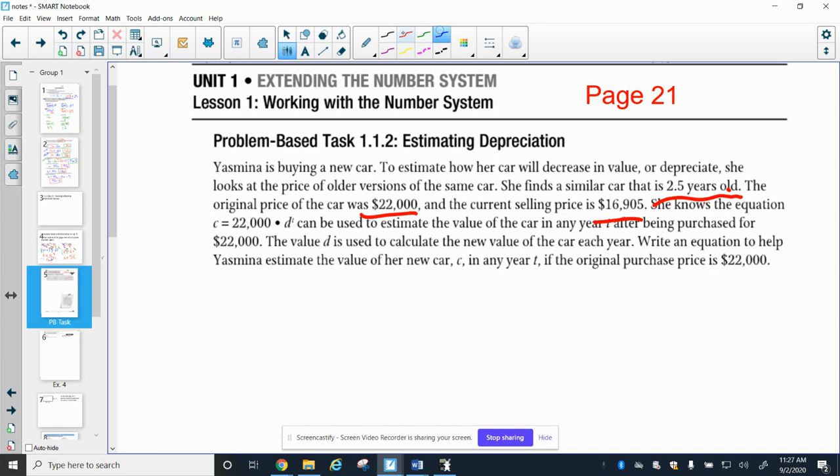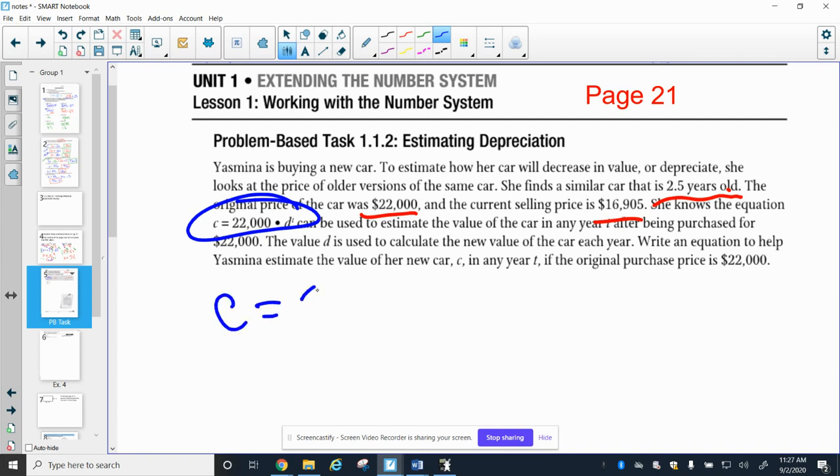We have this function here that can be used to estimate the value of the car in any year T after being purchased for $22,000. The value D is used to calculate the new value of the car each year. Write an equation to help you estimate the value of the car C in any year T if the original purchase is $22,000. Let's just rewrite what we have here.